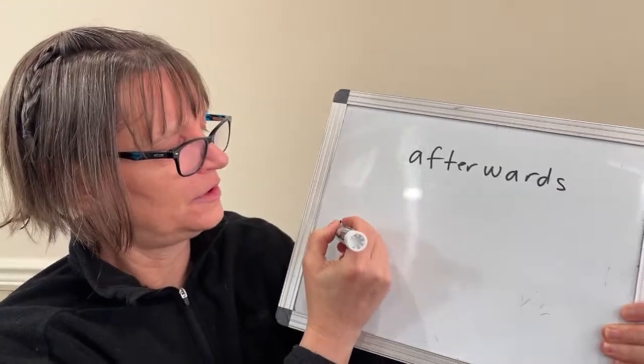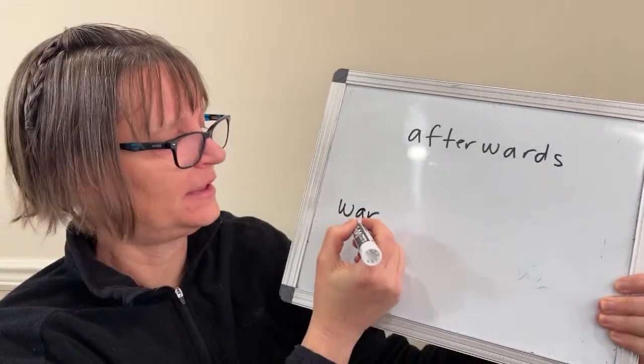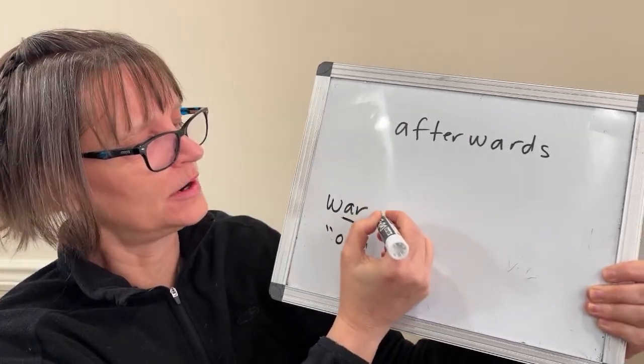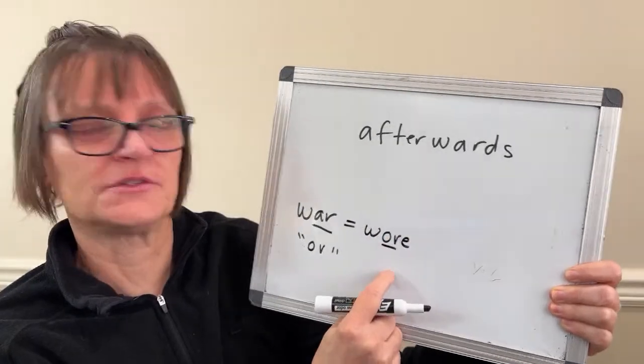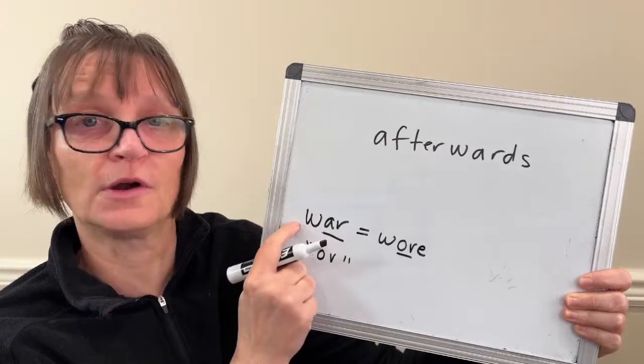So in the word war or warm, letters AR say the OR sound. So this war is the same as wore. I wore my clothes. So they wore their uniforms to war.